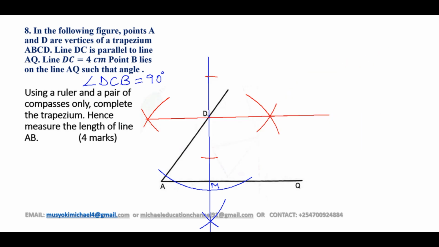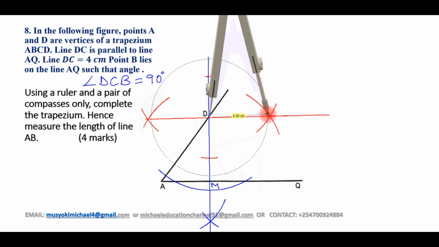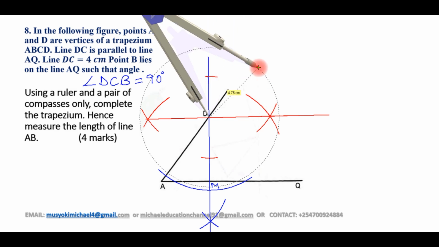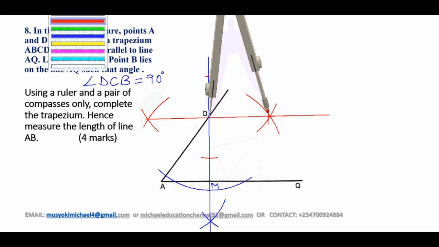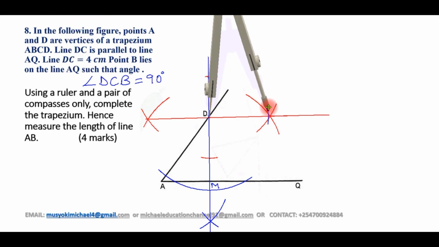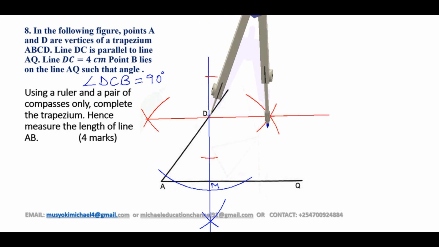So I need to locate point C, and point C is 4 centimeters from point D. So that's where point C is. Point C.